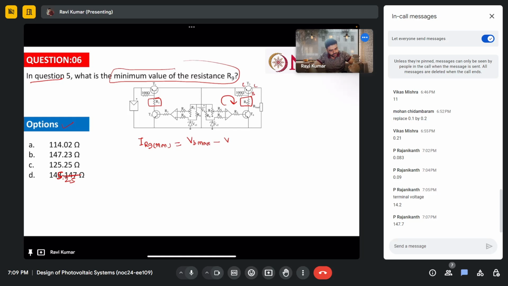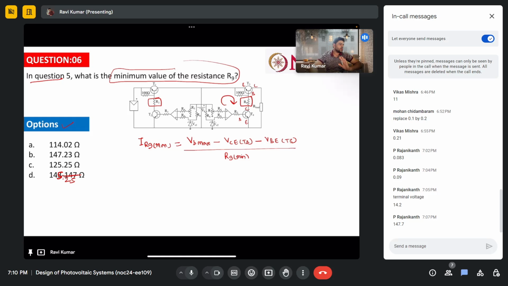VCE T4 minus VBE T3 divided by R9 minimum.